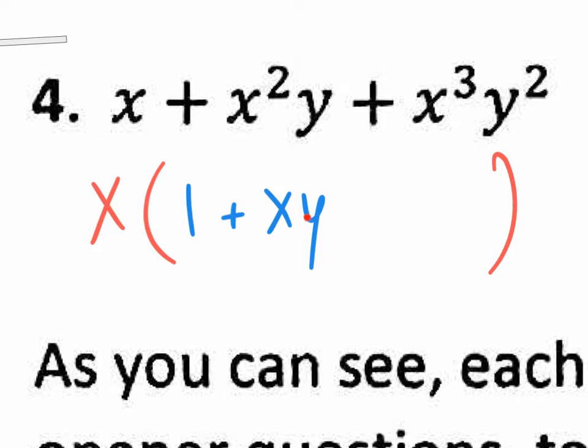Because x times xy gives you the x squared y. And then x times what gives you this third term? Plus x to the second power, but will x times x to the second give you x to the third and y to the second? No. So what's it missing down here? y to the second. And that's your factored form right there. Make sense?